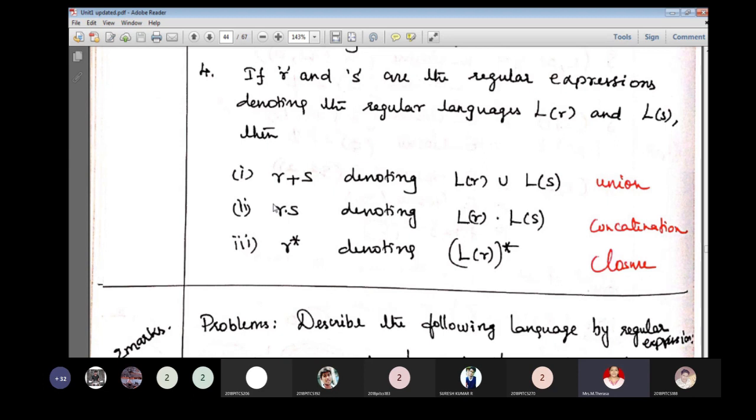Then R star denotes L of R, the whole star.